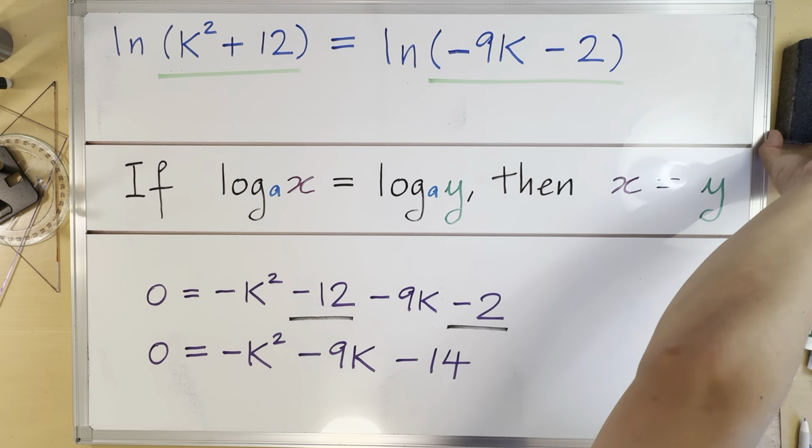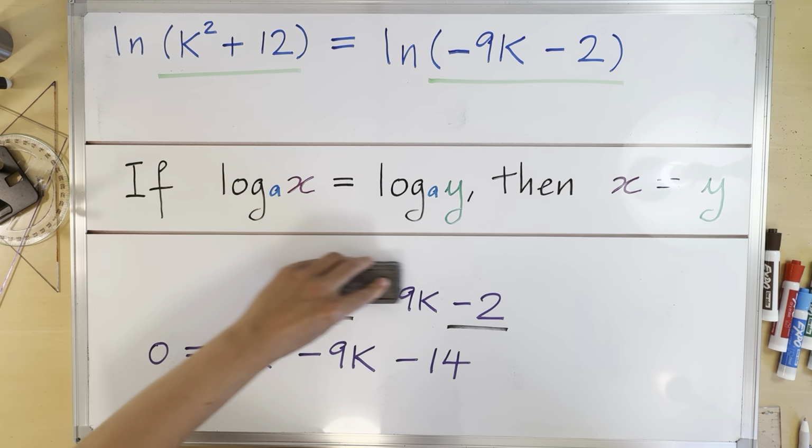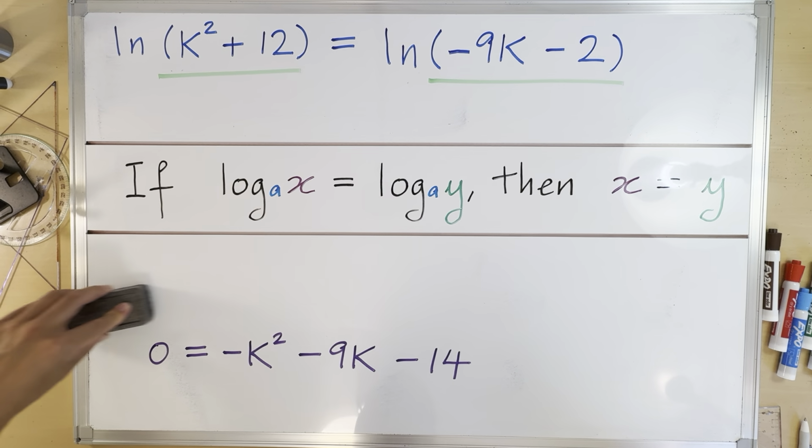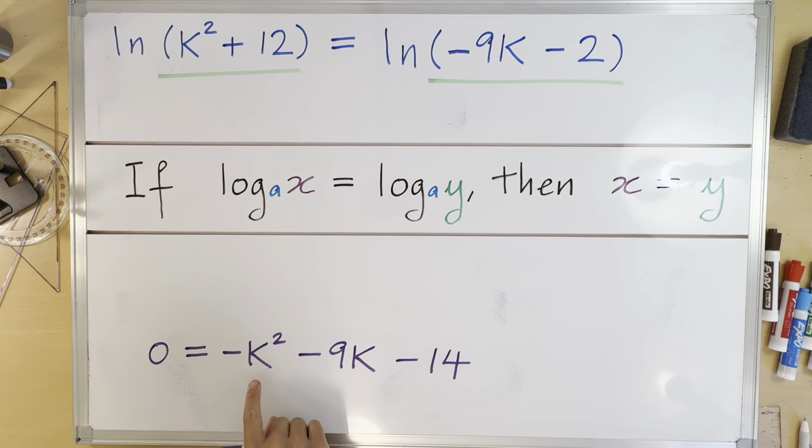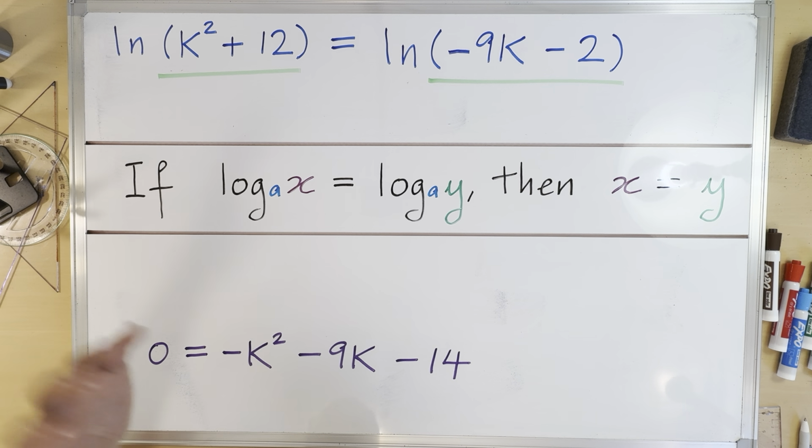Now, it's not really desirable to leave k squared as negative because it will be harder to factor it out. And so therefore, what we're going to do is make this negative k squared from negative to positive.